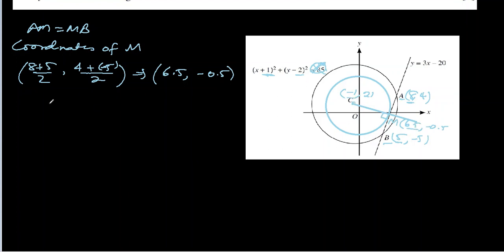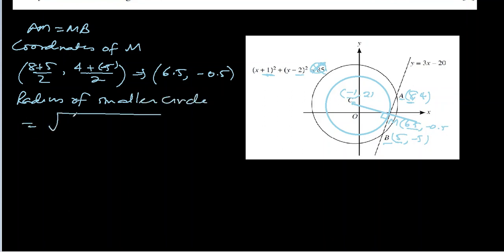So the radius of the smaller circle will be the square root of (6.5 minus minus 1) squared plus, I'm using the distance formula, (minus 0.5 minus 2) squared.